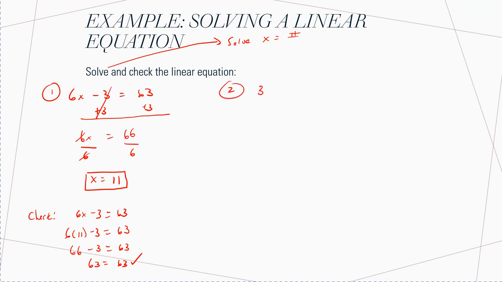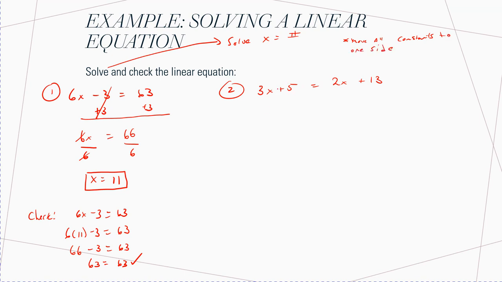All right, let's do another little bit easier one. Let's look at 3x plus 5 is equal to 2x plus 13. How exactly would you solve this? What you want to do here is move all constants to one side. That's the first thing I'm going to do.